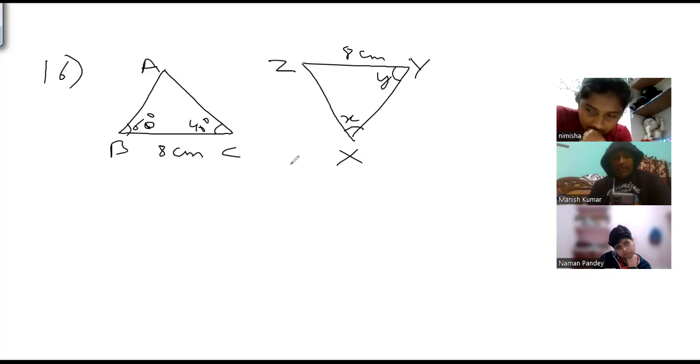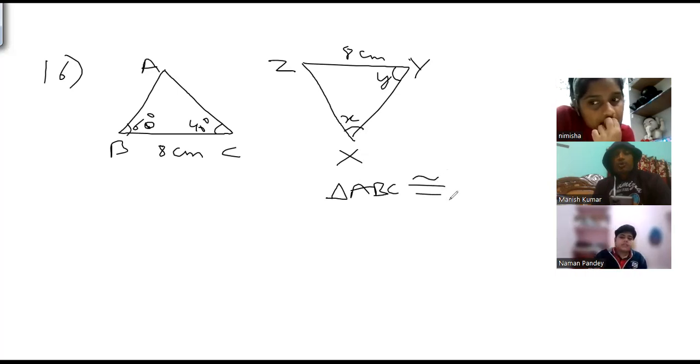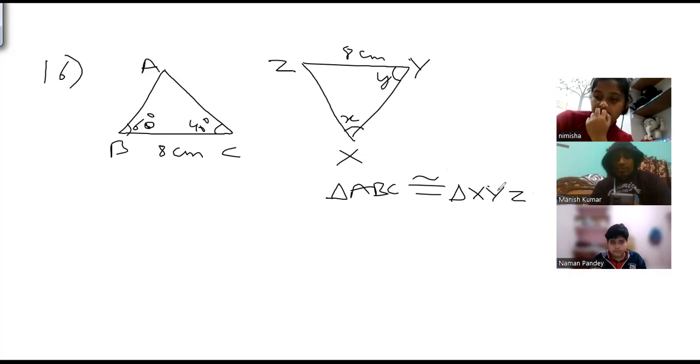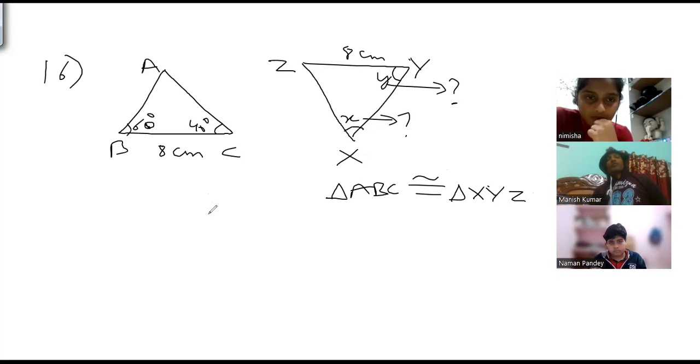Triangle ABC is congruent to triangle XYZ. It is already given. Find the measure of the angles X and Y respectively. What is the value of angle X and angle Y? How can we do that?